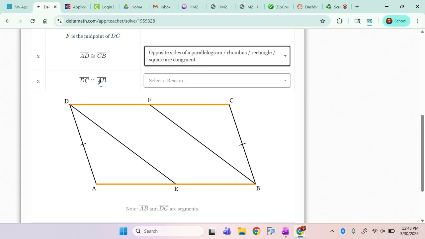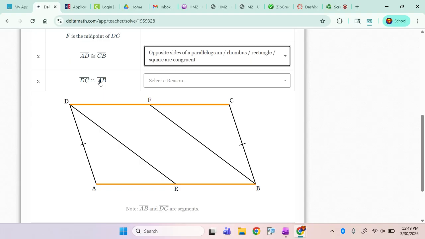They then say that DC is congruent to AB. Why? Look at where they are. What previously told us that those can be congruent? Come on, guys, just take a shot in the dark.